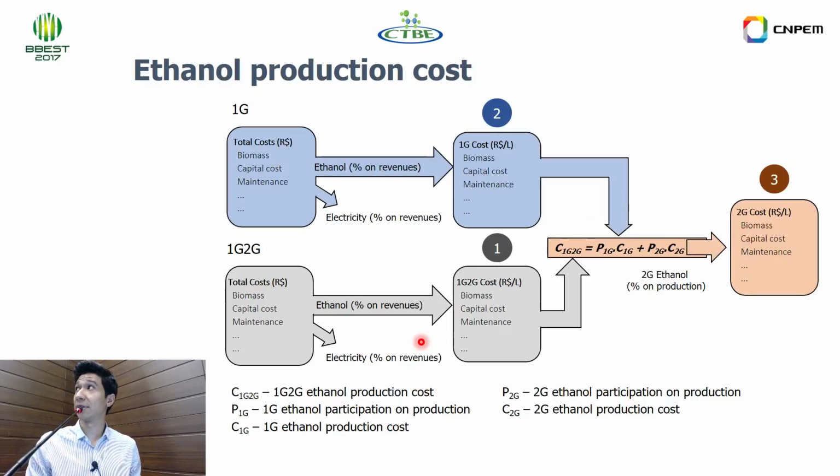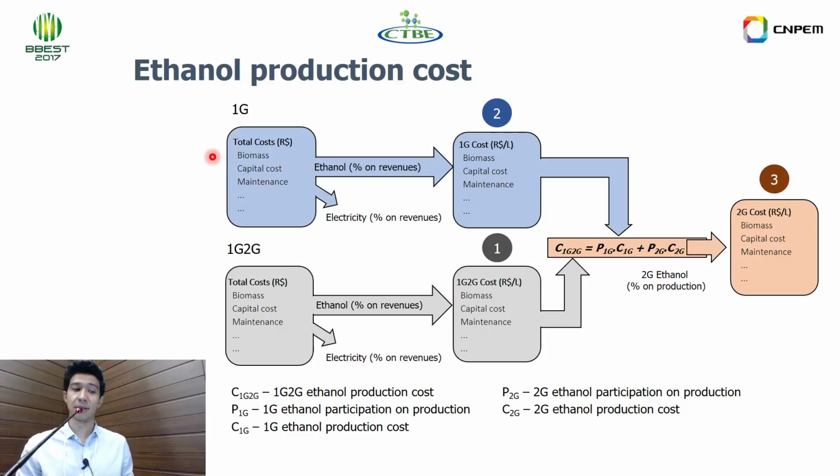So in order to do so, we have this approach. Of course, I can simulate the cost of this integrated ethanol, and in order to obtain the second generation ethanol cost, we do the following. We have to have a kind of mirror scenario that depicts the situation of a first generation plant exactly like this first generation plant here.